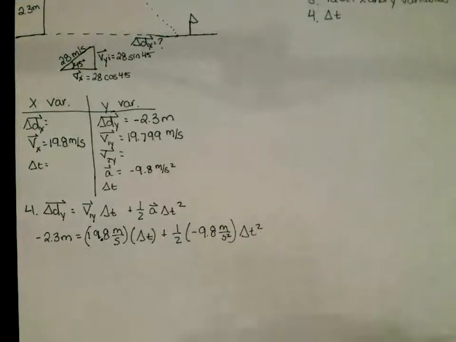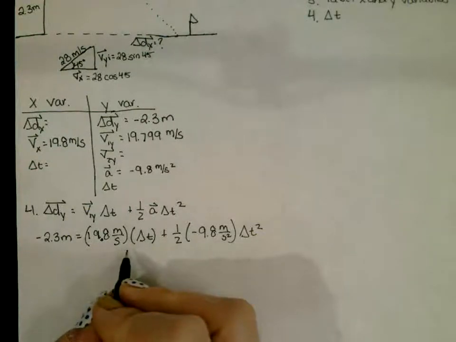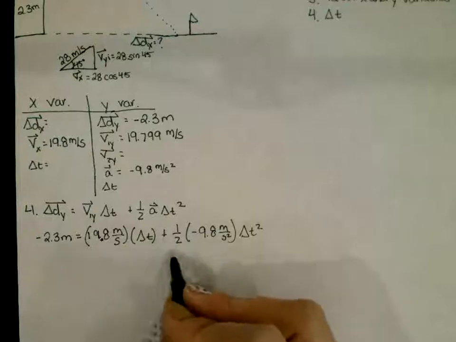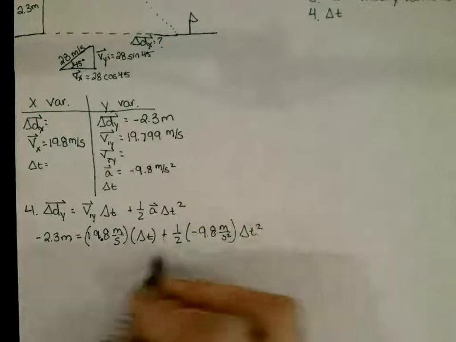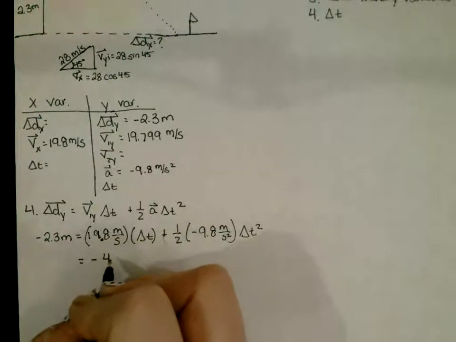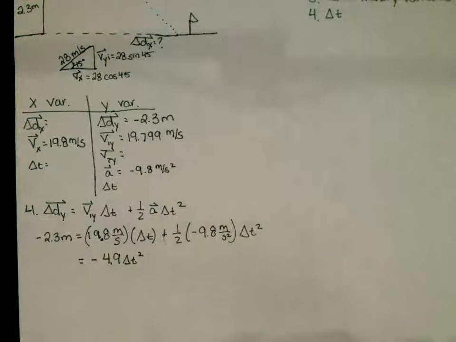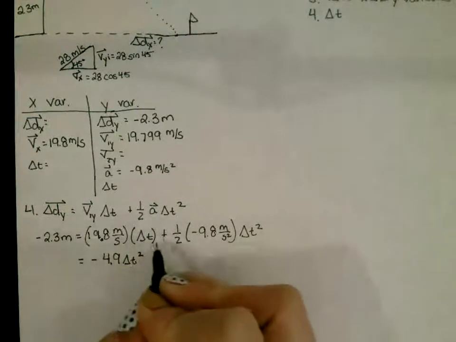I'm going to take out units to make this a little bit easier to see. I'm going to multiply all of this out. I get negative 4.9 change in time squared. I'm going to multiply all of this out.